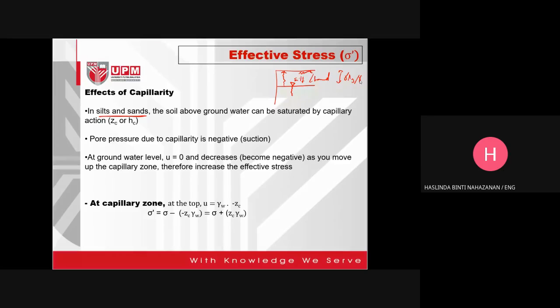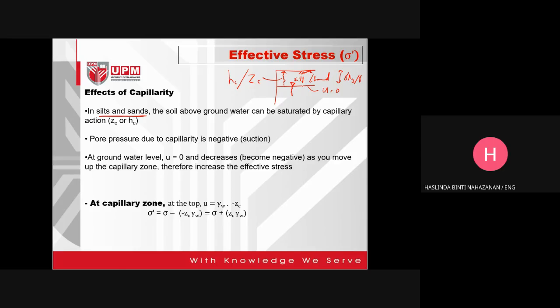But if you have silt and sand, there is a possibility of what we call effects of capillarity, where the water comes up and saturates the soil here. This is the depth for capillarity, also known as ZC or HC. The pore water pressure due to capillarity is negative. As I mentioned before, pore water pressure at the water level equals 0, and as you go deeper you have a positive value.